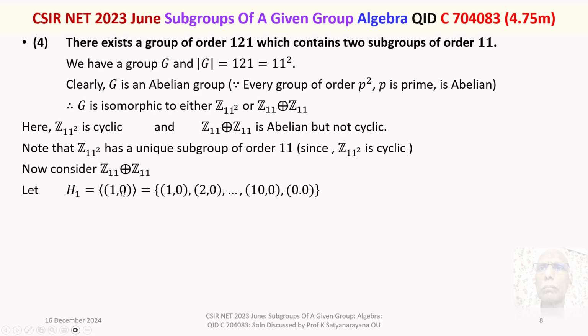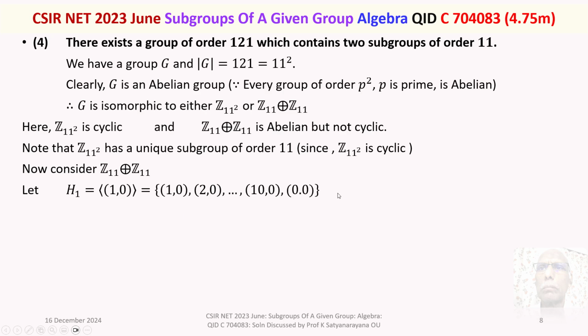Now (1, 0) generates what? (1, 0), (1, 0) plus (1, 0) is (2, 0), (2, 0) plus (1, 0) is (3, 0), etc. (10, 0). And adding one more time, it is (0, 0). It's not a dot, it is a comma. So H1 is the cyclic subgroup of Z11 ⊕ Z11 generated by (1, 0) and its order is 11.